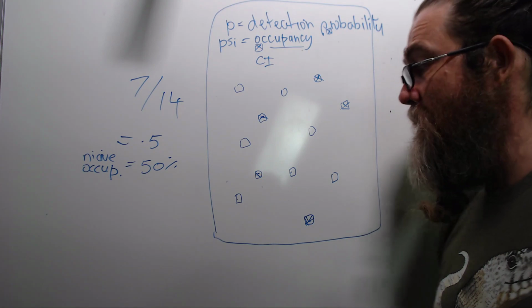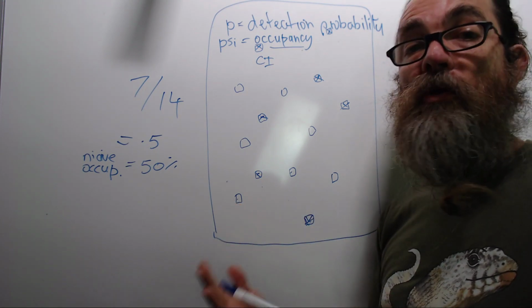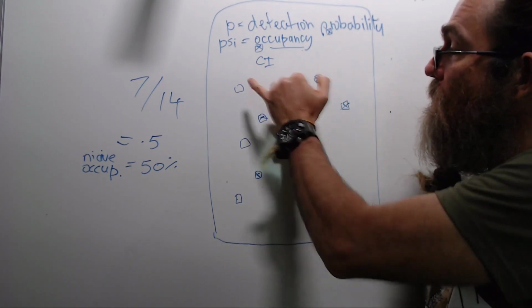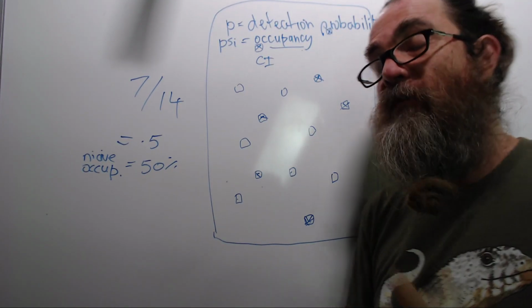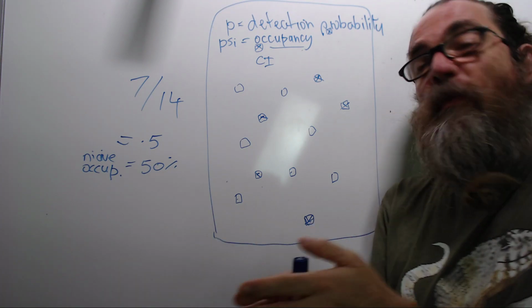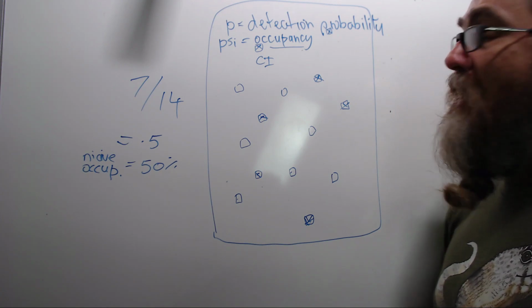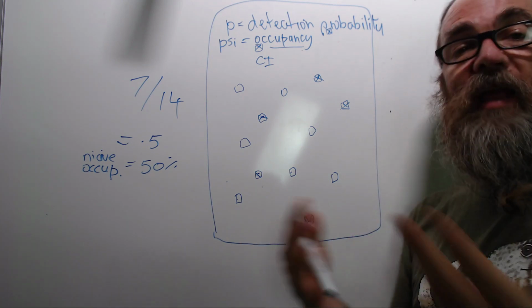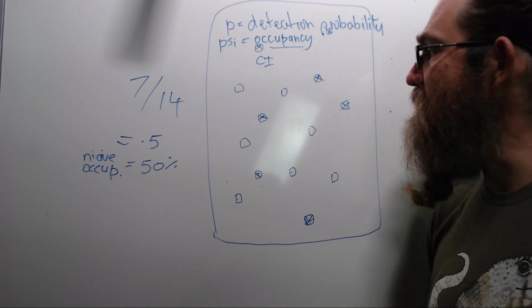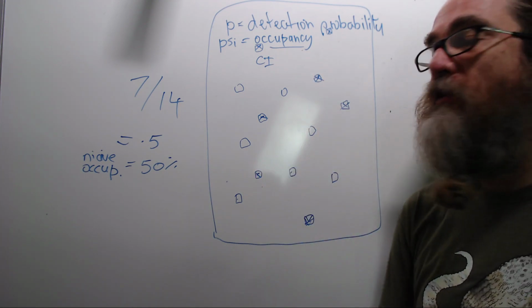We might, over the medium term, be looking to monitor whether the occupation of these sites differs significantly. So in other words, is a species population increasing or decreasing? And it also allows us to compare between different habitats or different seasons or various other sorts of different treatments that might be applied to our sites.